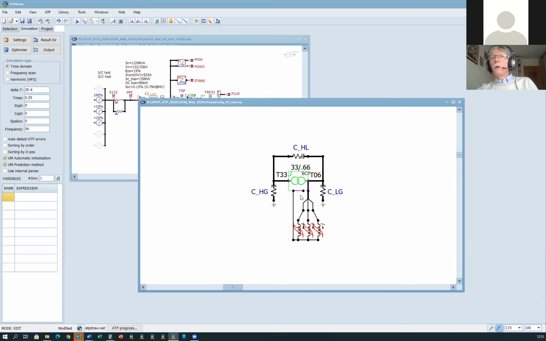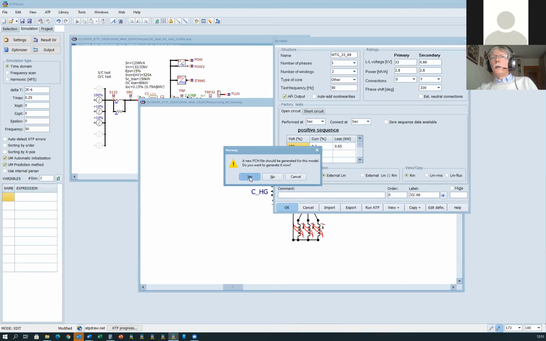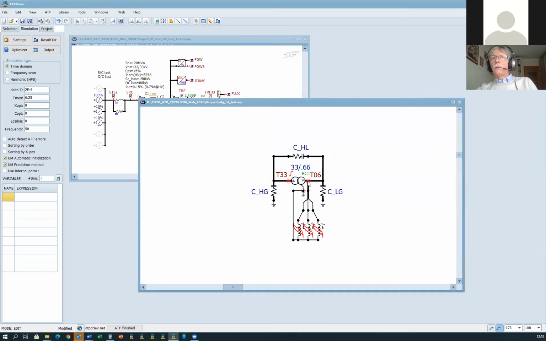Never mind, if you go in and define the winding connection again, it was delta connected at the primary and Y connected at the secondary, and I think it was 330 phase shift. If you go further, the parameters are calculated and you can click OK and you get the model.